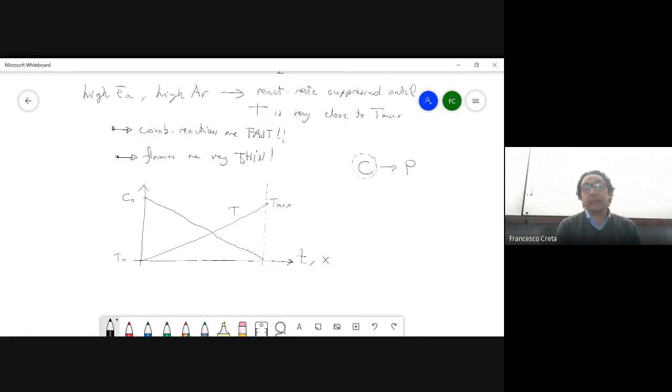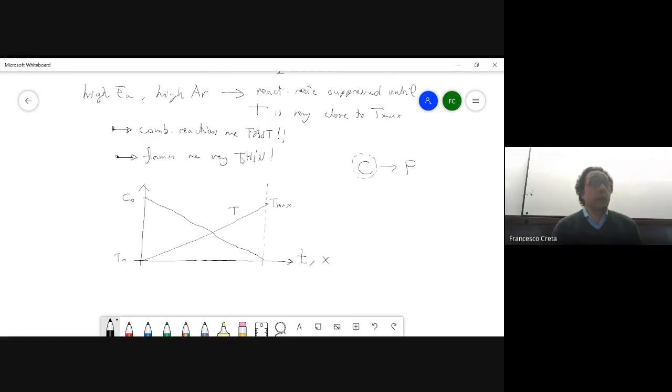Now, obviously, the fact that I'm drawing these as linear is meaningless. They're not linear. I would have to solve, to the very least, the system of ordinary differential equations for temperature and for species.